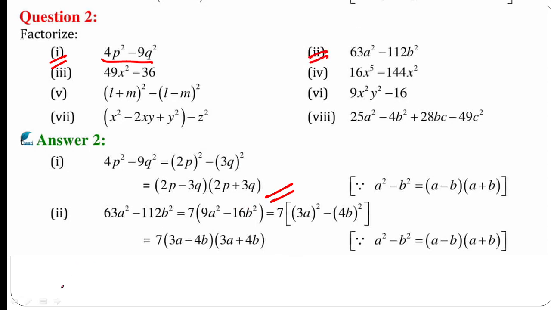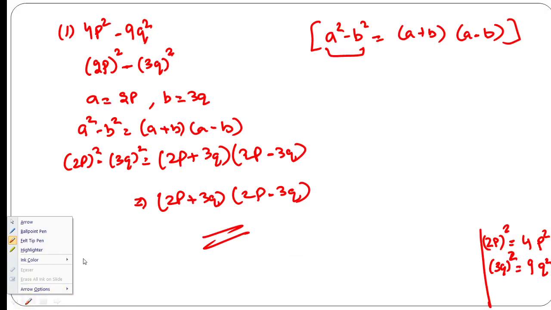Second part is your 63a square minus 112b square. So first of all we will take the common term.